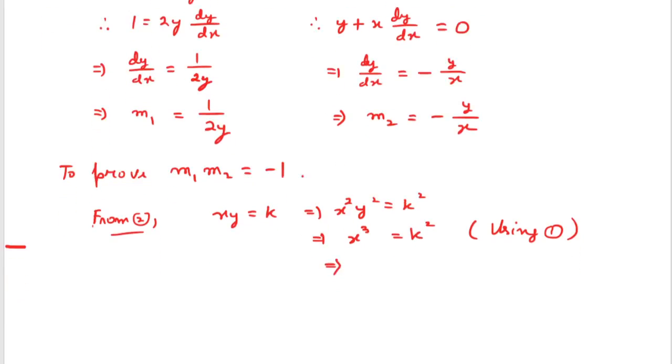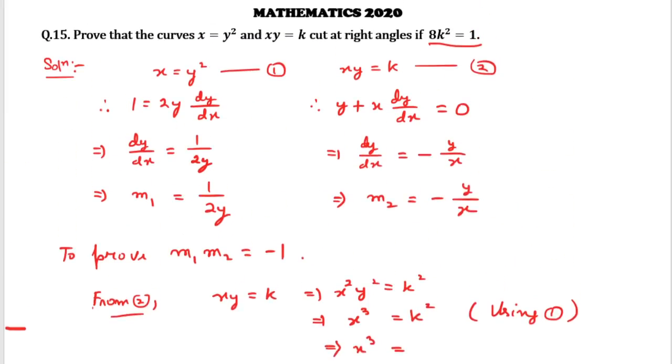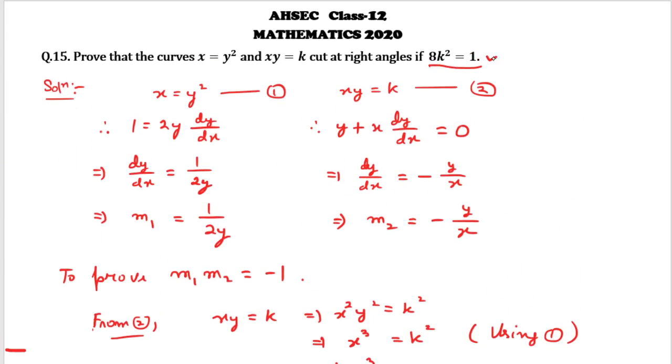Next, here we have the condition that 8k square is equal to 1.